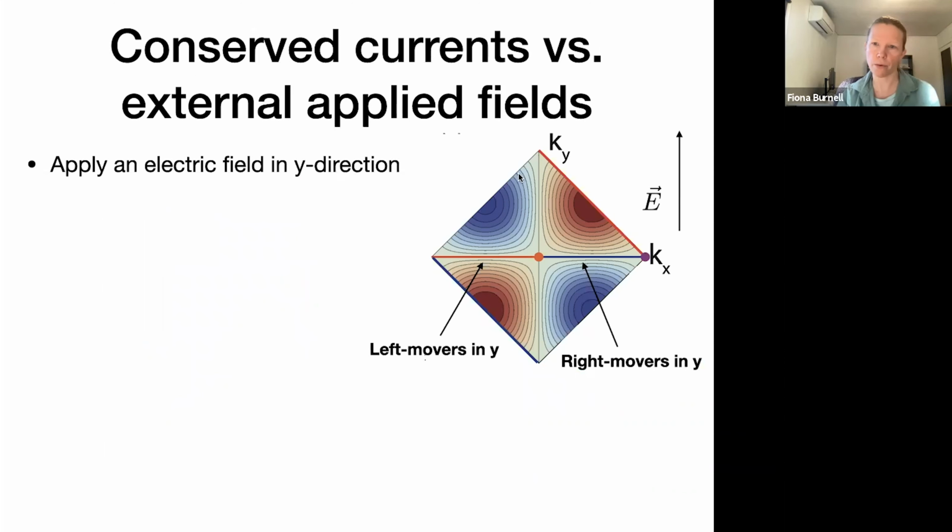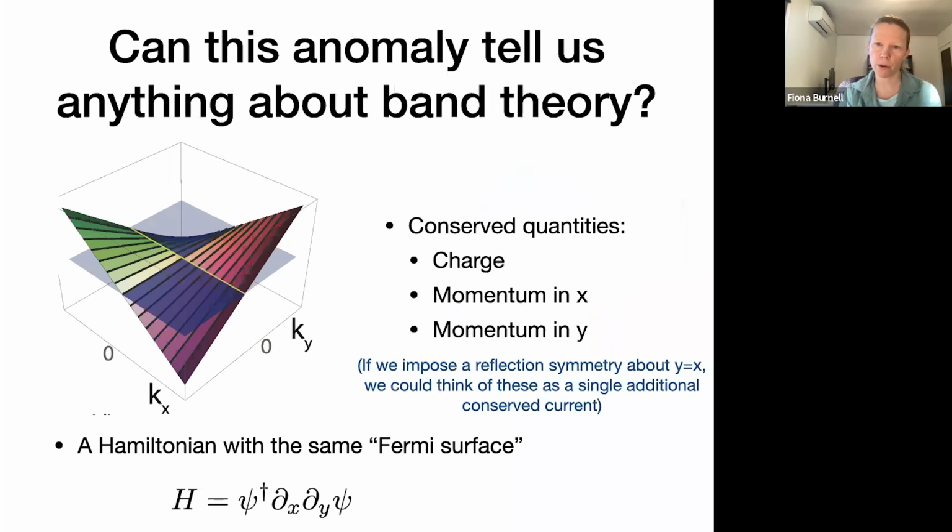Actually, let me take a minute to go back here. So let's focus on this line here at ky equals 0. What's going on is that, as Eduardo pointed out, we have a positive Fermi velocity in the ky direction when kx is positive, and then a negative velocity over here when kx is negative, okay?